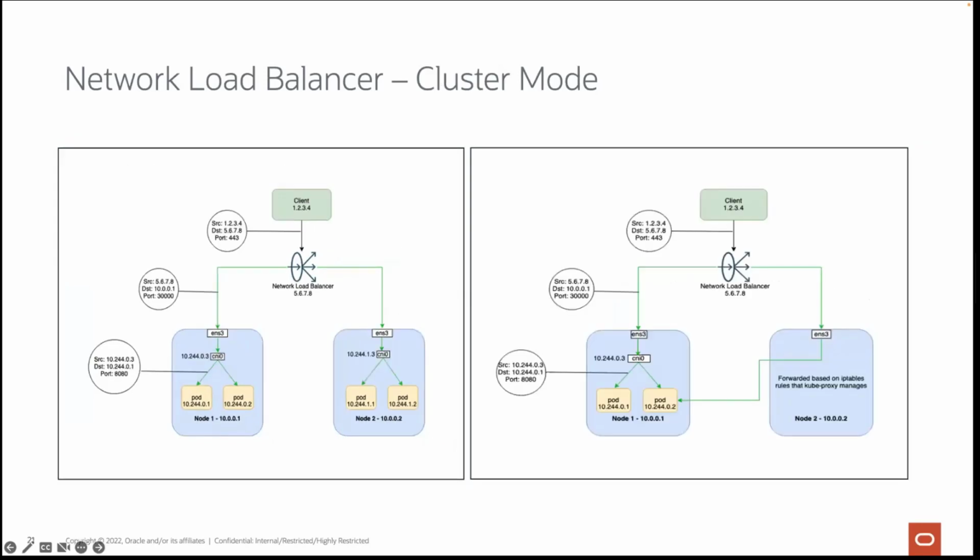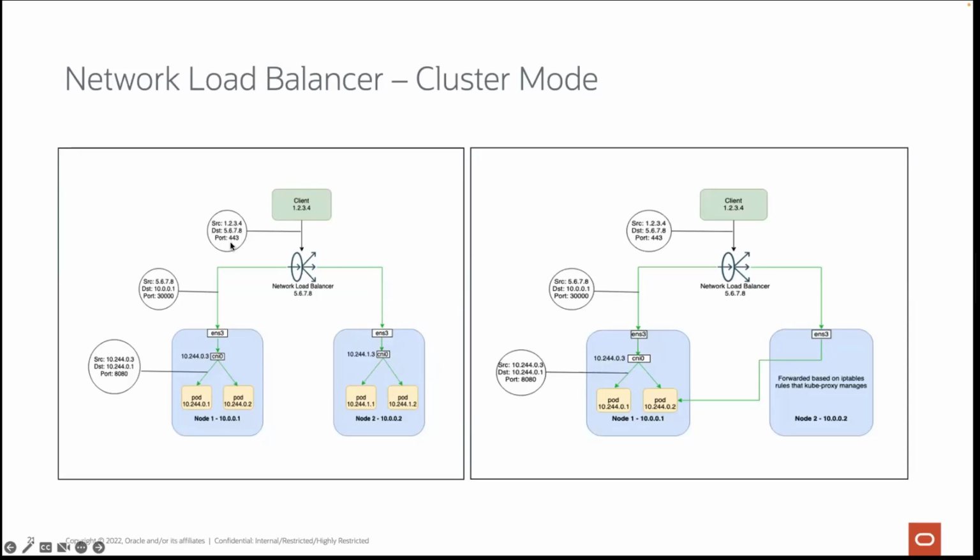The next mode is the cluster mode, which is the default type. If you do nothing in your service definition, Kubernetes would use this mode as the default external traffic policy for your services. Here, the assumption is that you always want to route the traffic to all the pods running in your service with equal distribution, and you don't care about preserving the client IP addresses all the way till your backend.